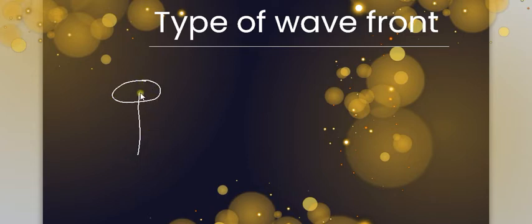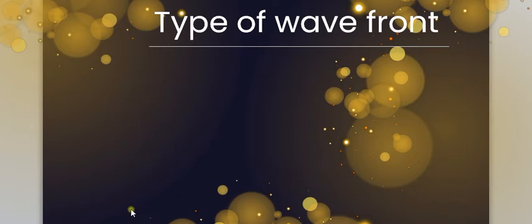The vibrations generated by the top and bottom ends will lie on this part, and the vibrations generated by the flat surface will lie on this path. So they will be present on the surface of a cylinder. So the wavefront generated by a linear source is a cylindrical wavefront. I hope this is clear to you.